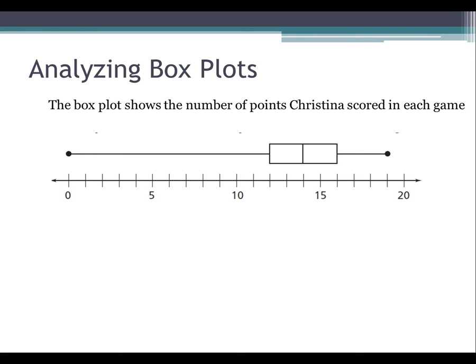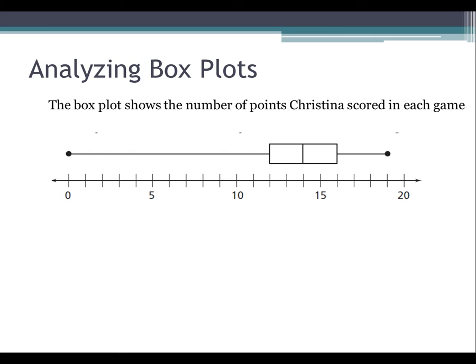Yeah. So the box plot shows the number of points that Christina scored in each game. So this means, what was the minimum points that she scored in a game? 0. Yeah, she didn't score in one game. She must have been off. A slump, if you will.